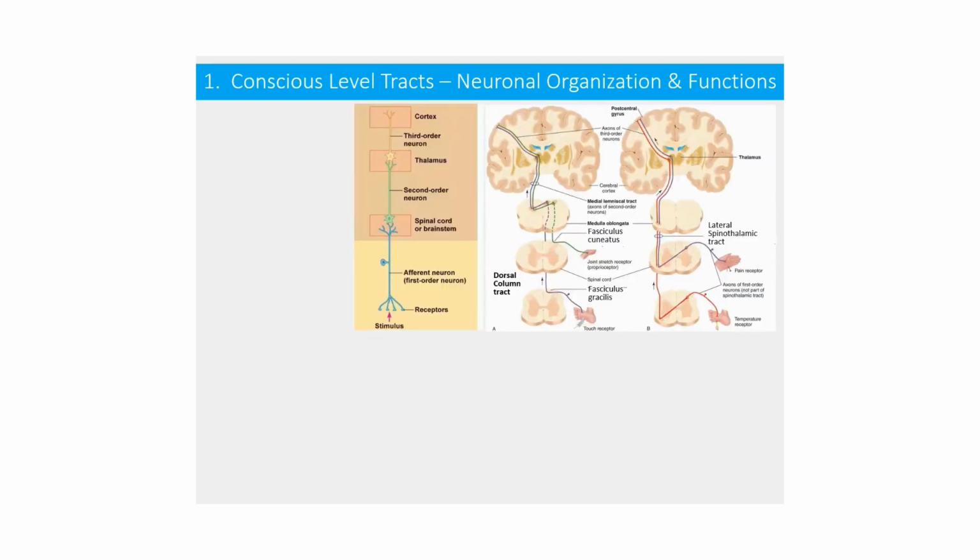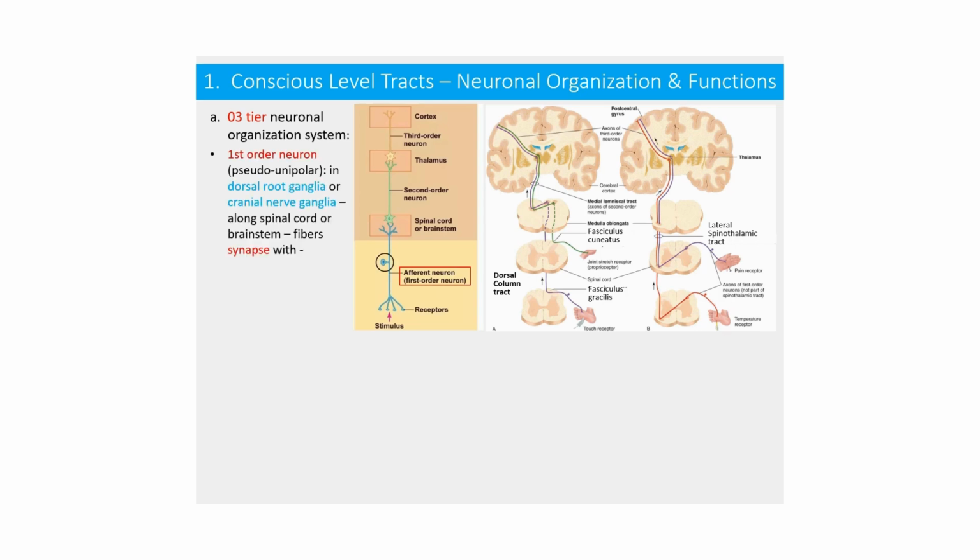Now we start with the conscious level tracts, their neuronal organization and functions. First, the neuronal organization. These tracts are three-tier neuronal organization system. The first order neurons, which are pseudo-unipolar neurons, are present in the dorsal root ganglion or cranial nerve ganglia, which lie alongside the spinal cord or brainstem.